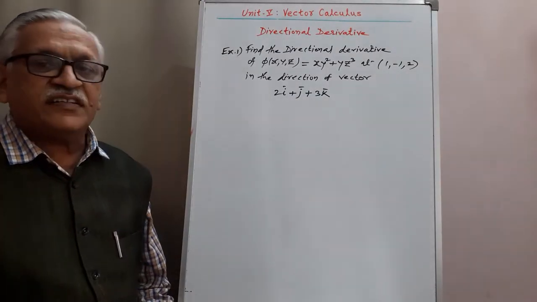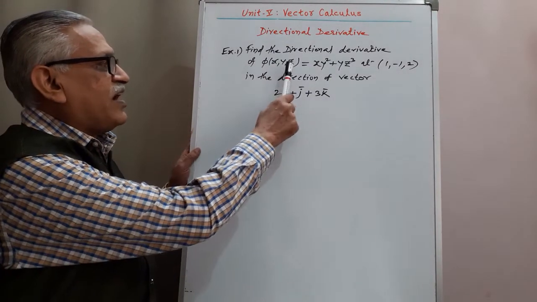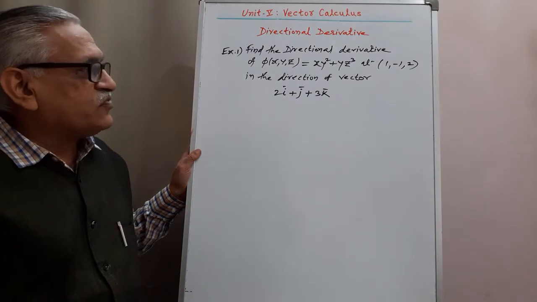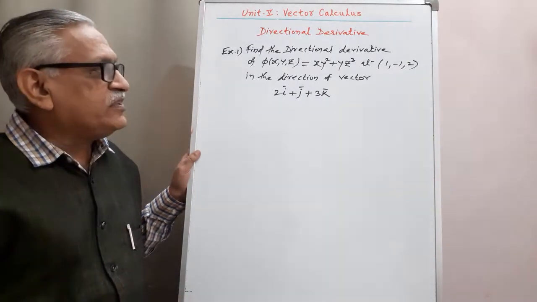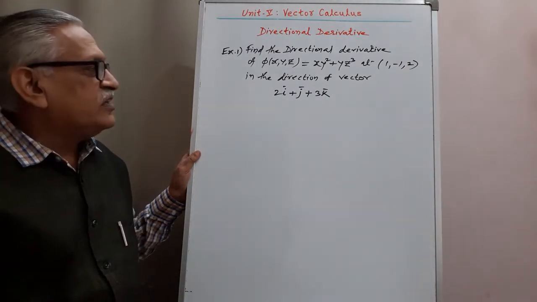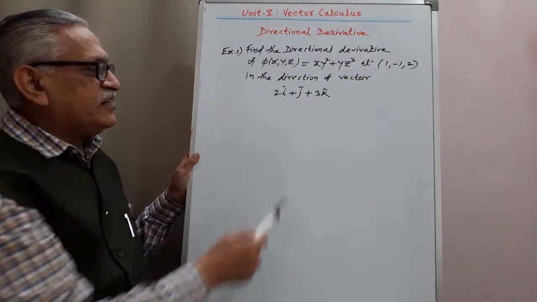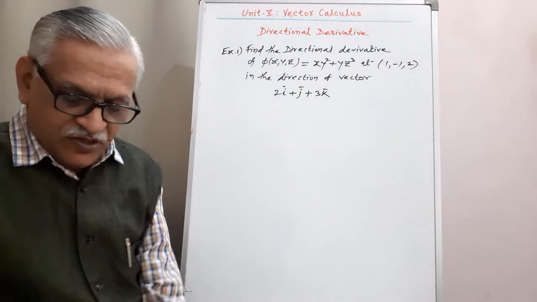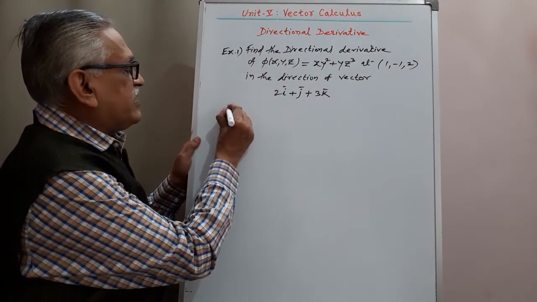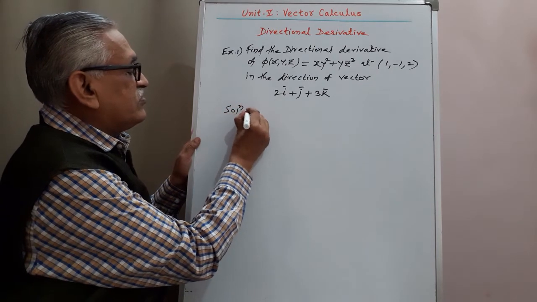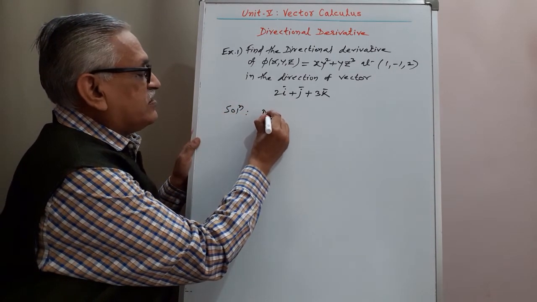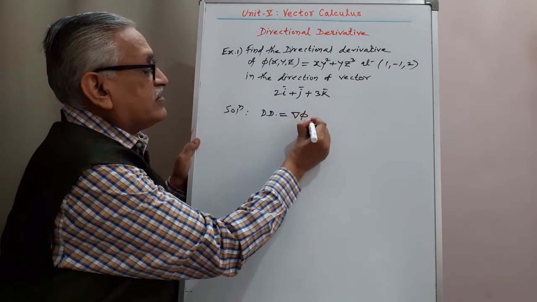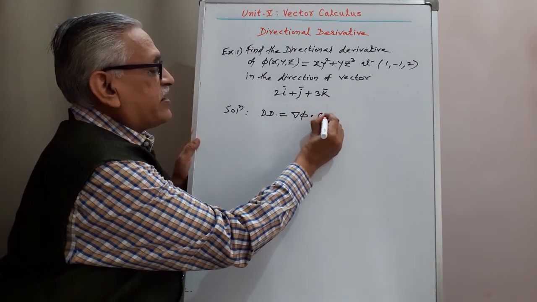Find the directional derivative of the function phi of x, y, z, which is xy square plus yz cube, at the point (1, -1, 2) in the direction of vector 2i plus j plus 3k. To find the directional derivative, it is given by grad phi dot a cap.